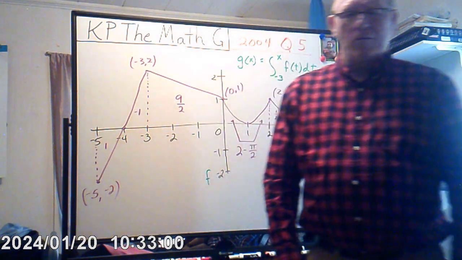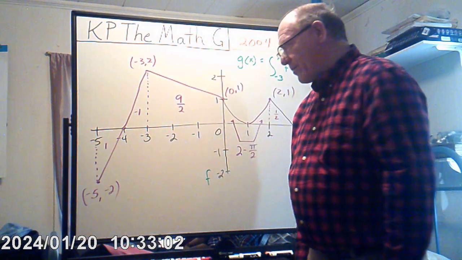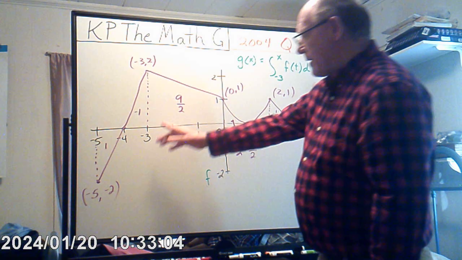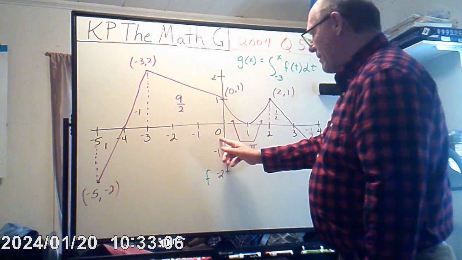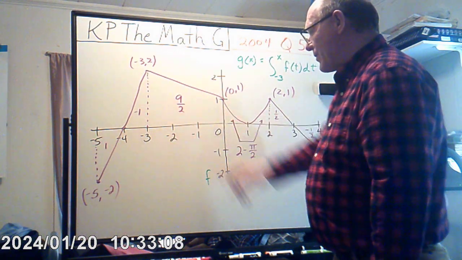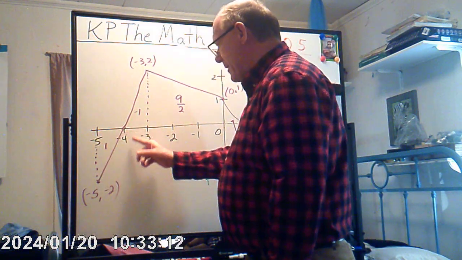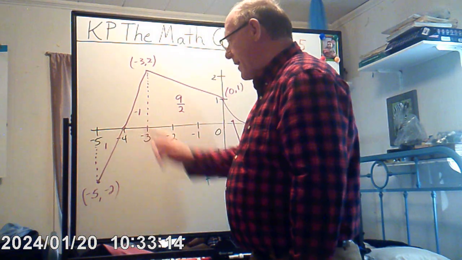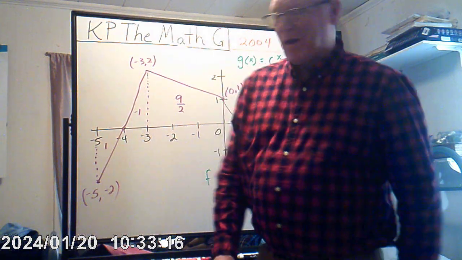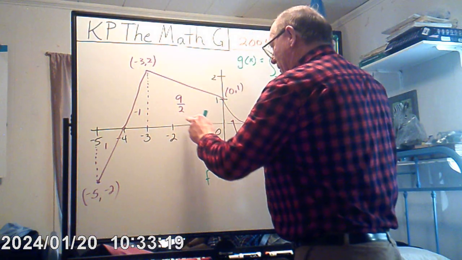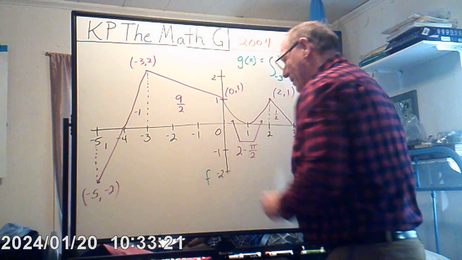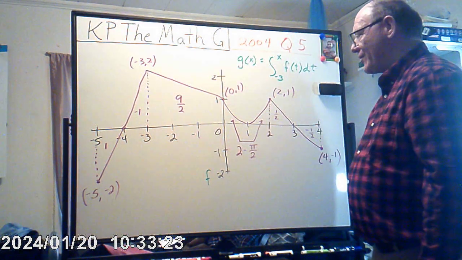Well, I'll show you why that answer is so obvious after a while. This area from -3 to 0 is 9/2. Well, actually, this area from -5 to 4 is 1. This area from -4 to 3 is -1. I'll explain that.